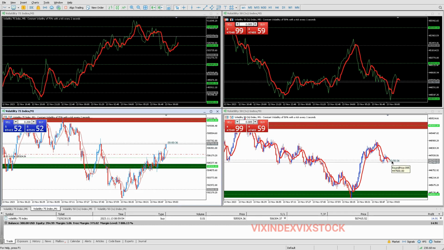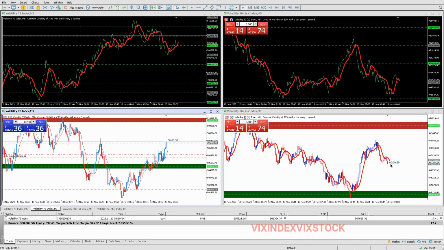Volatility 50, I don't know why it's not playing with me, but let's see. Now I'm thinking it probably wants to drop down, but it wants to play around this area here. It seems like it's enjoying playing around this area.